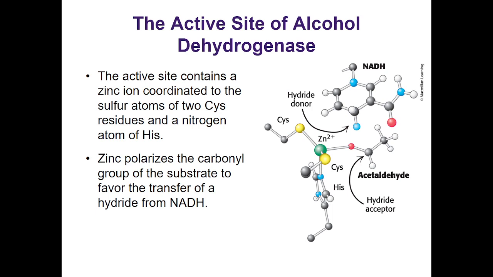Okay, so the active site for the alcohol dehydrogenase, this right here is the active site. This is the hydride acceptor right here, which is going to be the acetaldehyde. This is the hydride donor right here, which is the NADH. Notice, what does hydride donor, hydride acceptor mean? What are you transferring? Anybody remember what your hydride is? Chloride is the negative ion of chlorine, right?